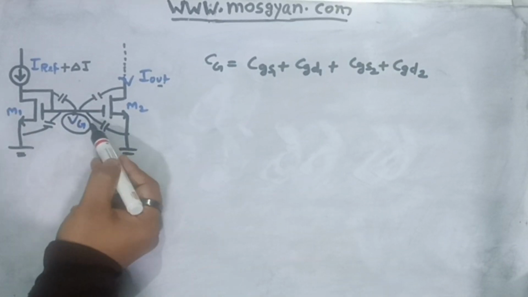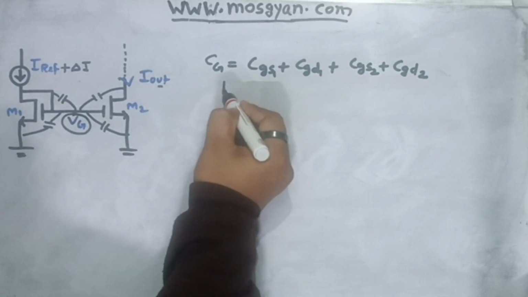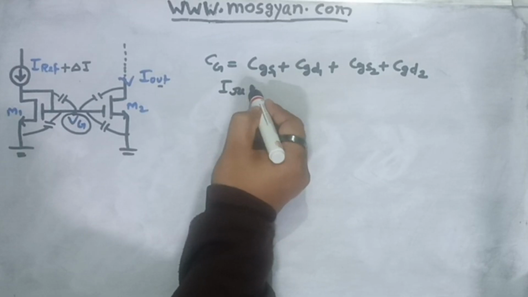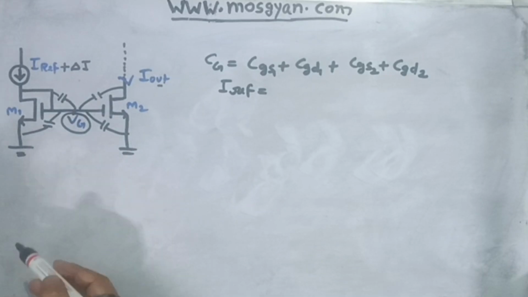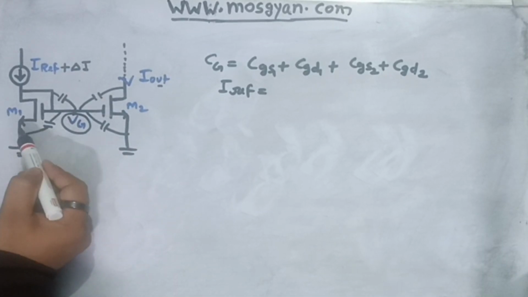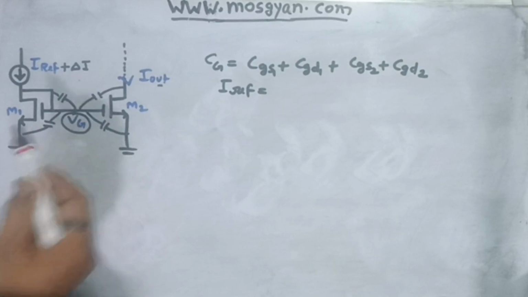Now if I talk about this gate potential, and if I apply KCL, the I reference total current which is coming in the reference branch will divide into two parts because of the small delta I change. The first part will go in this MOSFET M1 and the other part will be used to charge the gate capacitance.